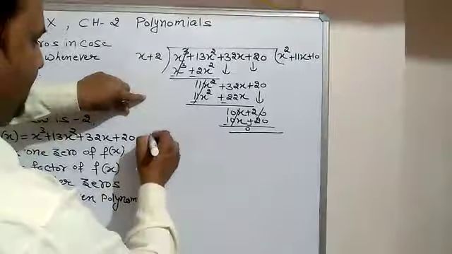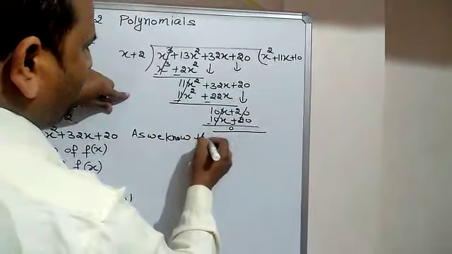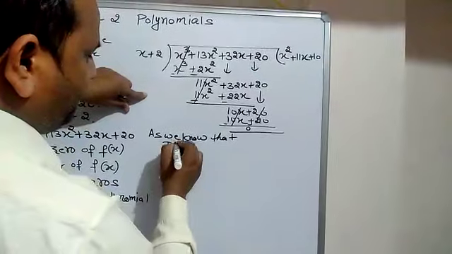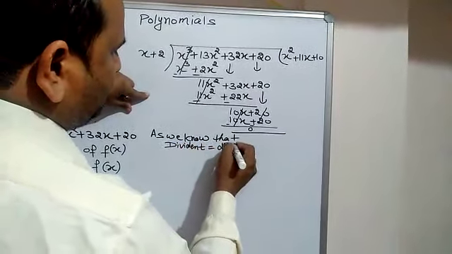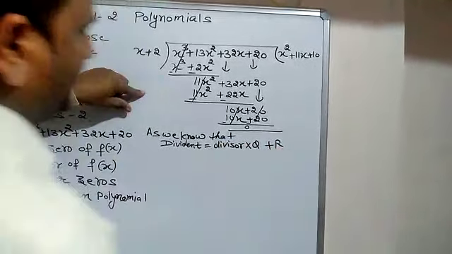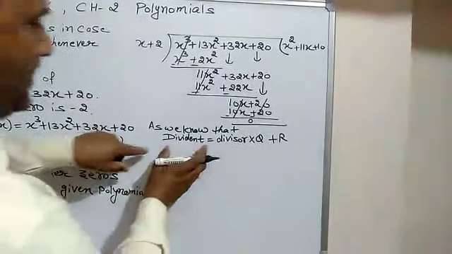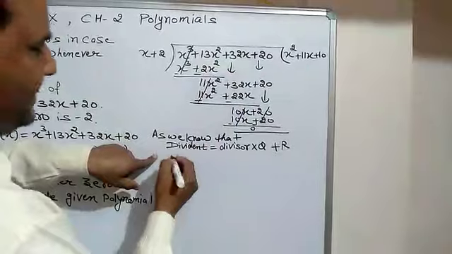As we know that dividend is equal to divisor into quotient plus remainder. So what is our dividend, students? Our dividend is this polynomial, f of x.